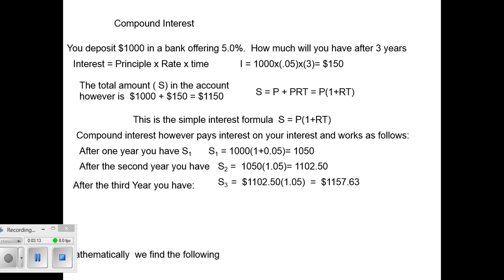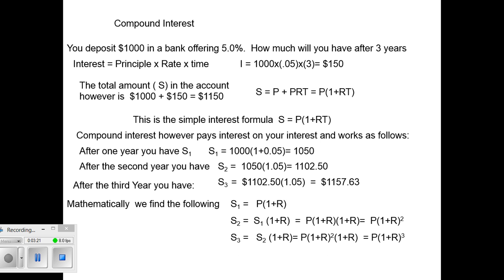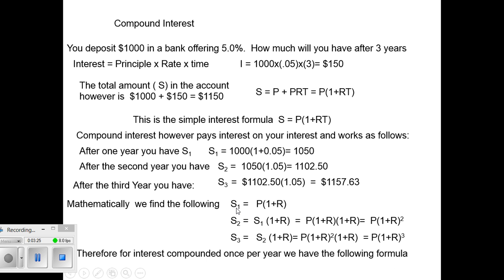So let's look at this a little bit more mathematically and see what the progression is. The amount after 1 year is S1, and that's determined by your principal times 1 plus your rate.